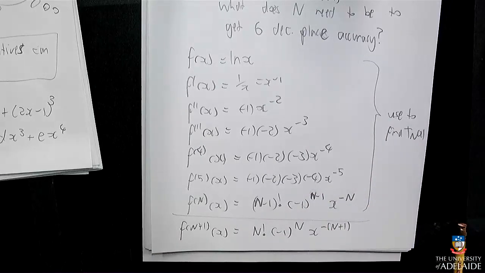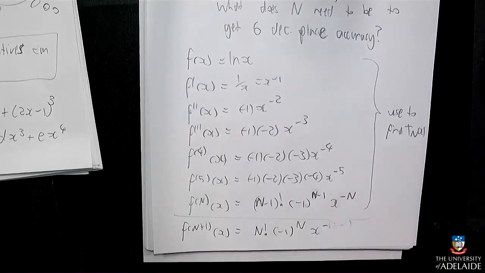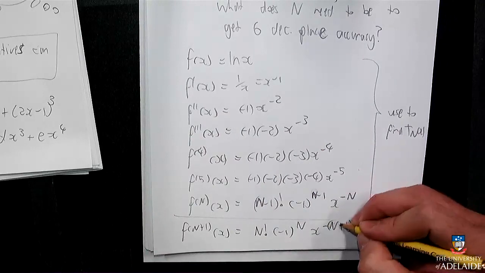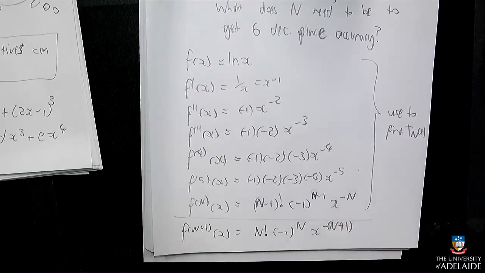Extremely important when you replace an n that's got a minus next to it to use brackets, because otherwise you would have put minus n plus 1. Like, don't write this, because that's minus n then plus 1. You need to go minus the whole thing. It's a very common mistake. That's why I mention it, because I do it all the time.